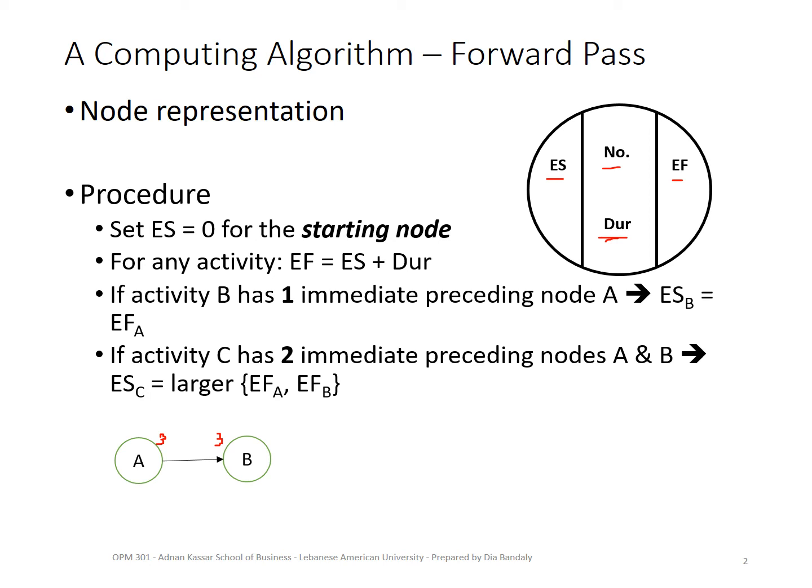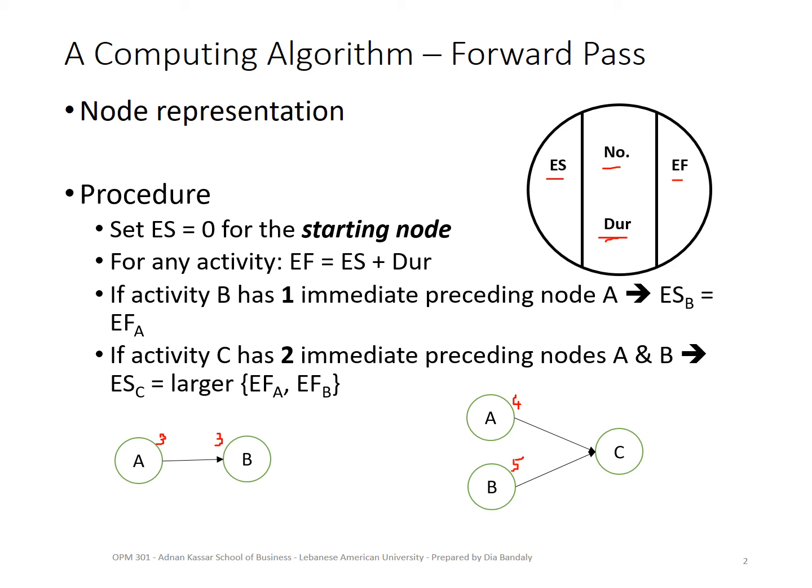Now, it can be a little bit complicated when an activity, sorry, activity C can have two immediate predecessors like that. So C needs to wait for both A and B to finish so that it can start. So let's say A will have an early finish of 4 and B early finish of 5. Think about it. When can C start?